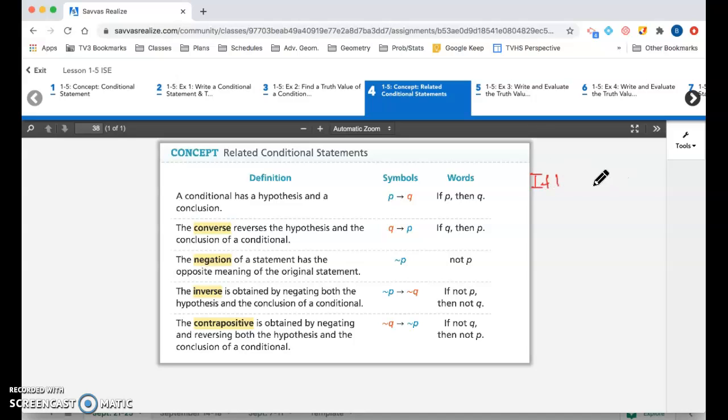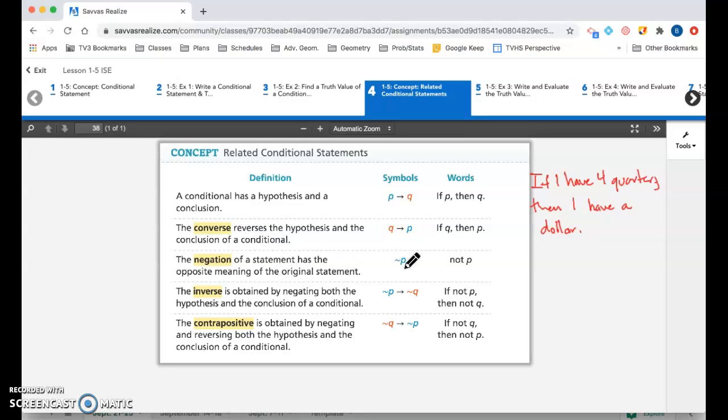If I have 4 quarters, then I have $1. That would be my if P then Q statement. My converse statement would say if I have $1, then I have 4 quarters. So you can see all I did was switch around where the conclusion and the hypothesis are. And that's called the converse of a statement.